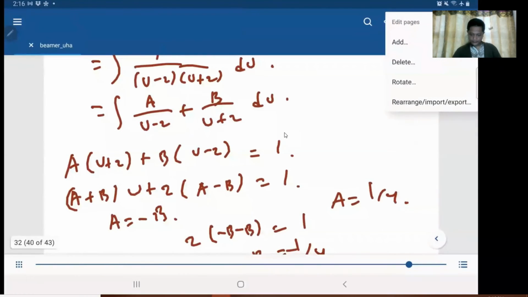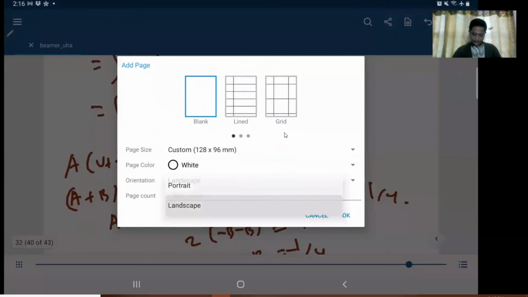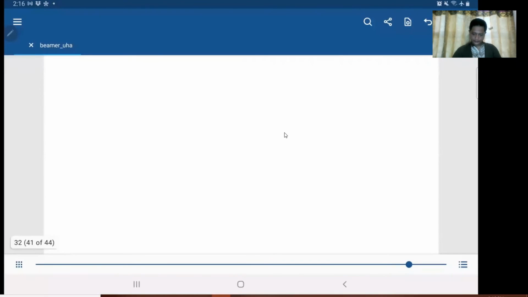I don't know why I cannot add more pages, because one page is not enough.